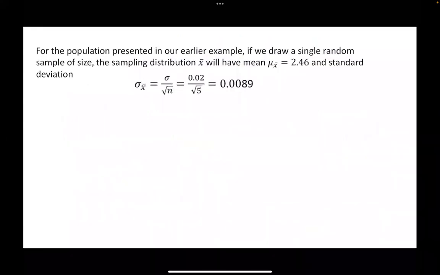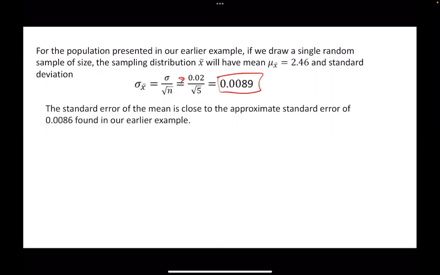When we were looking at this earlier, we took our population standard deviation that we were given, divided it by the square root of 5, and we got this right here. It is really close to what we found by actually putting all of those numbers in the calculator and calculating the standard deviation.